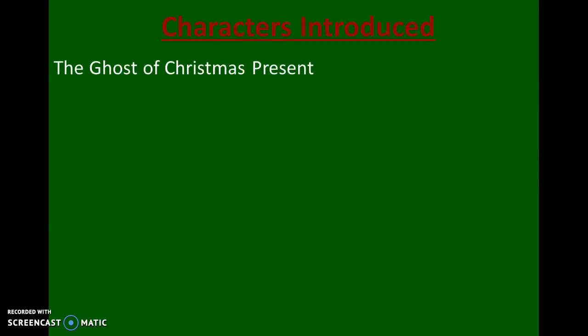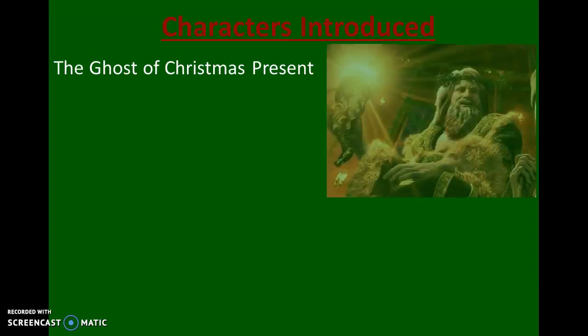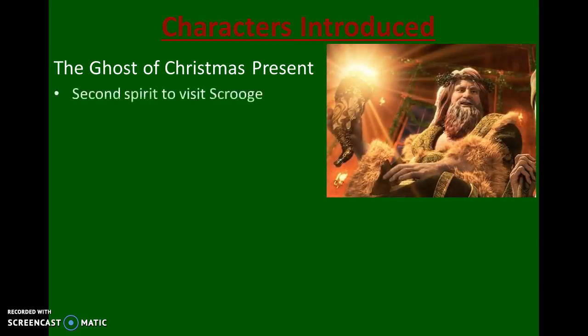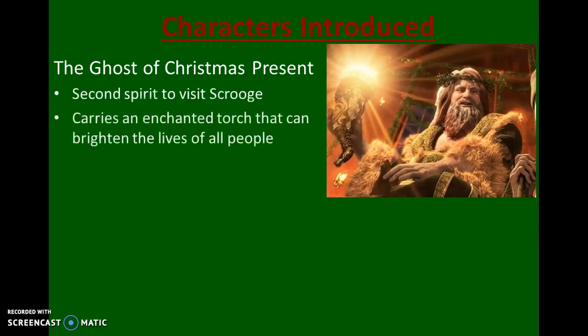For characters introduced in the third stave, first and foremost is the ghost of Christmas present. He is the second spirit to visit Scrooge. He is described as a giant sitting on a throne made out of all different sorts of wonderful food. As you can see from the picture, he carries an enchanted torch that can brighten the lives of all people.